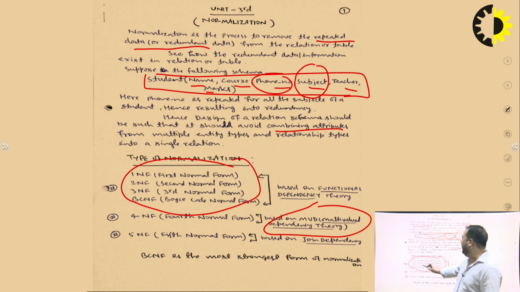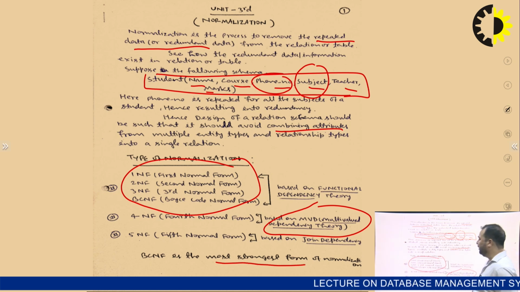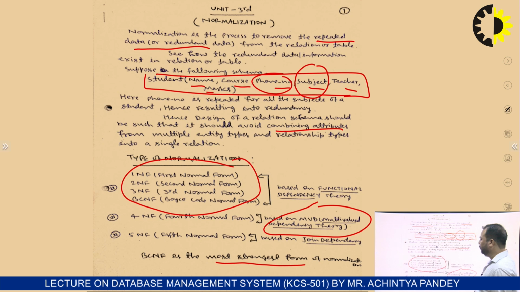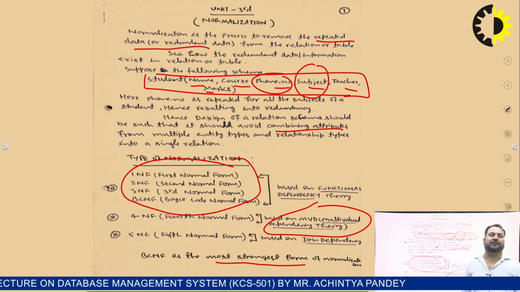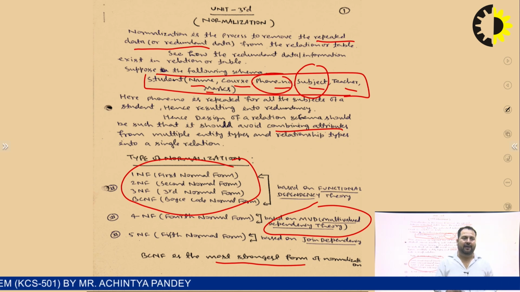If we increase in this order, BCNF is the highest, the strongest form of normalization under functional dependency. 3NF is comparatively less than BCNF, 2NF is less than 3NF, and 1NF has much repetition of data. The strongest form of normalization means the redundant data will be much less.